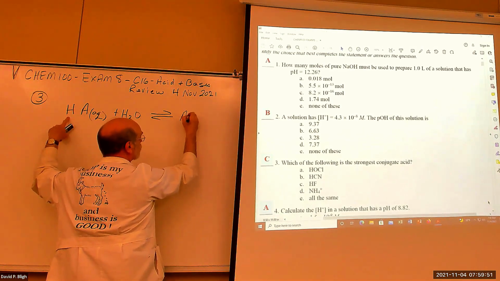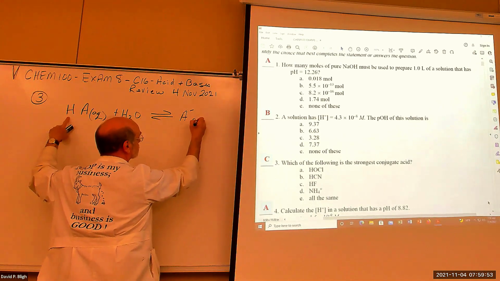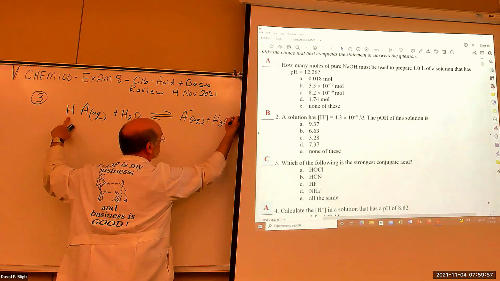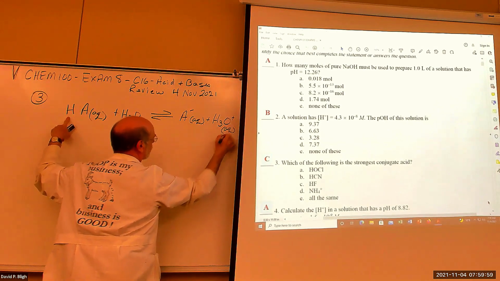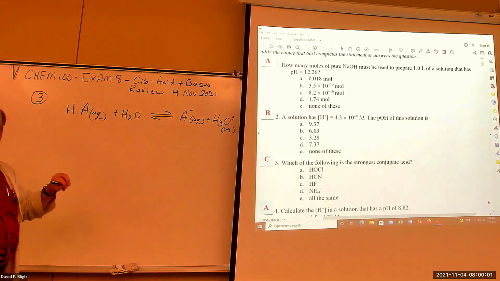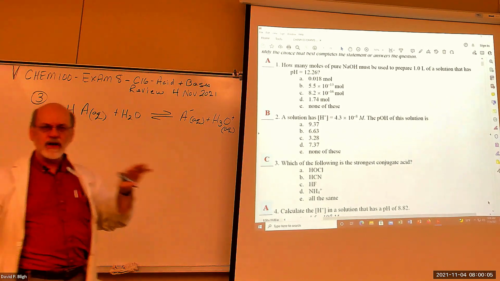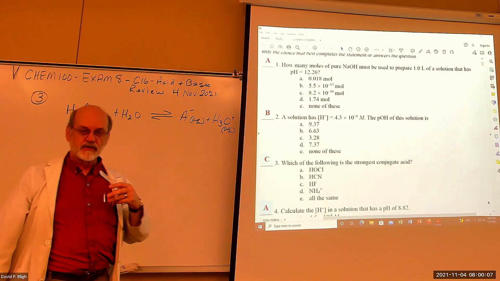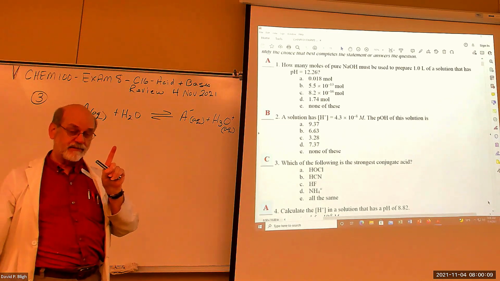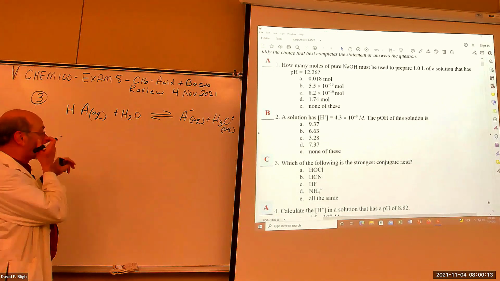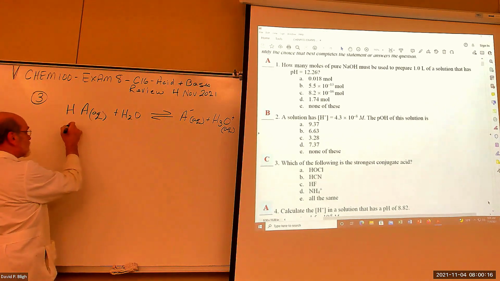So you get left over that, and you get the hydronium ion. Now this is typical for all acids, and this is the convention. Transfer 1 proton at a time, or 1 hydrogen ion, same thing. That makes this the acid.